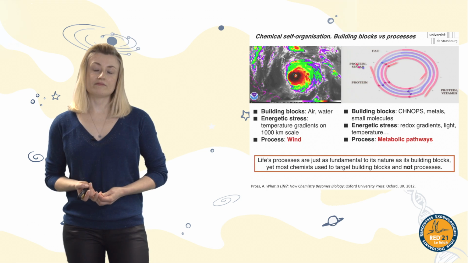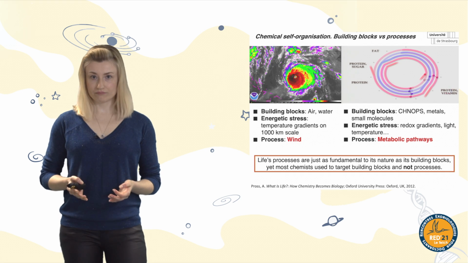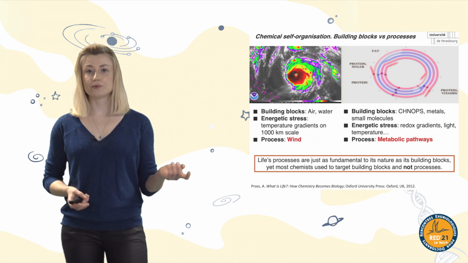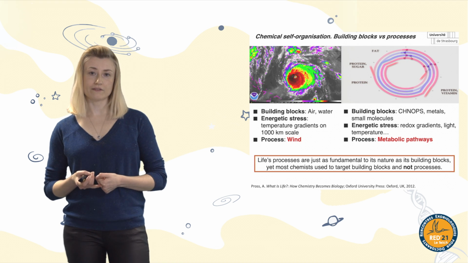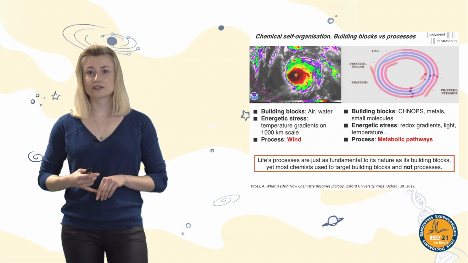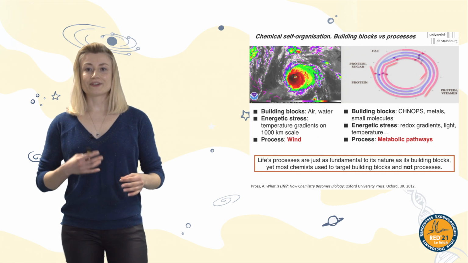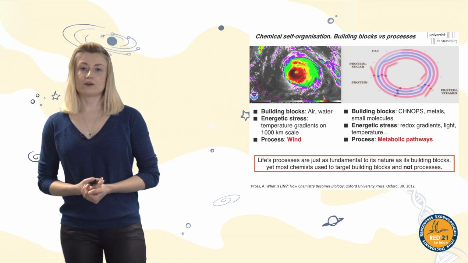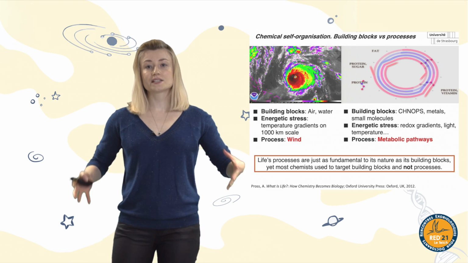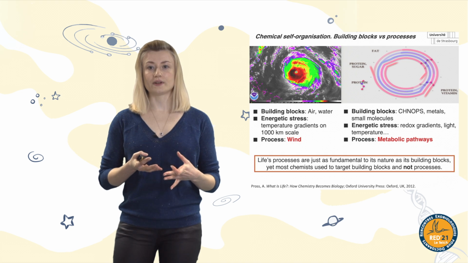So in nature, we have very, very many of such systems. And for example, we have a hurricane, we have a water vortex, we have oscillating chemical reactions like the Belousov-Zhabotinsky reaction, the chemical clocks. And all these systems are dissipative, which means that they are driven into existence when you have a constant supply of energy.